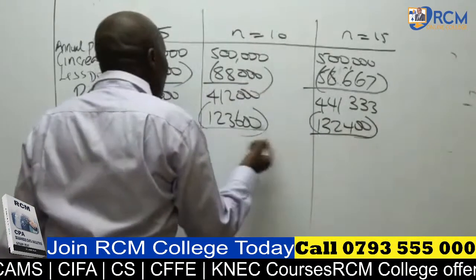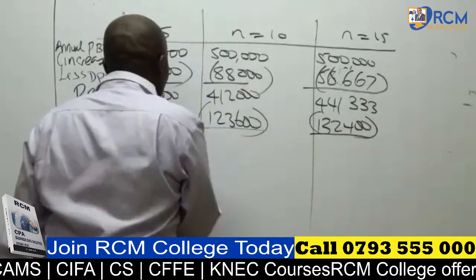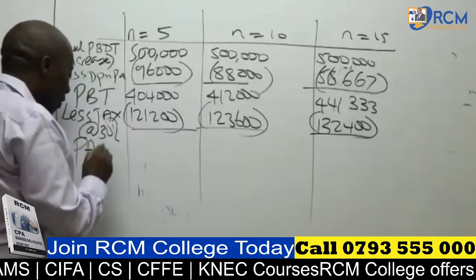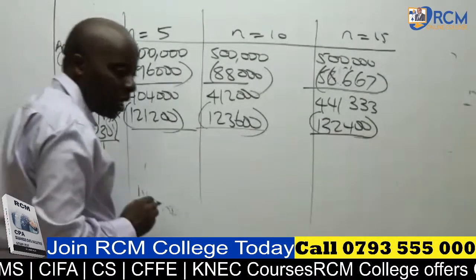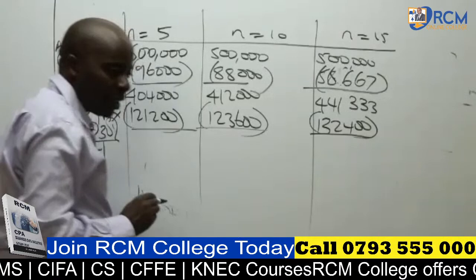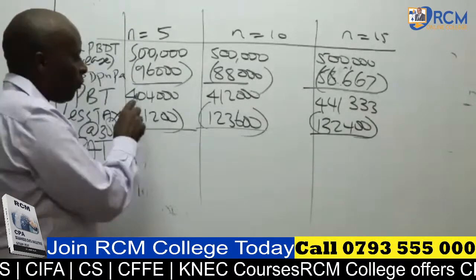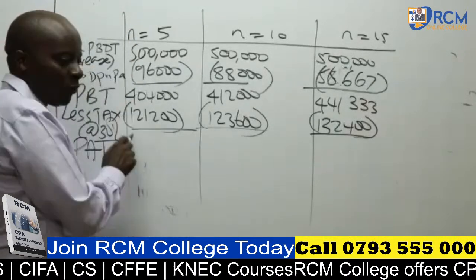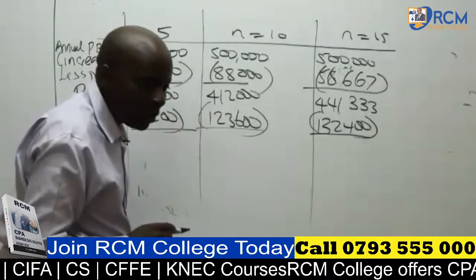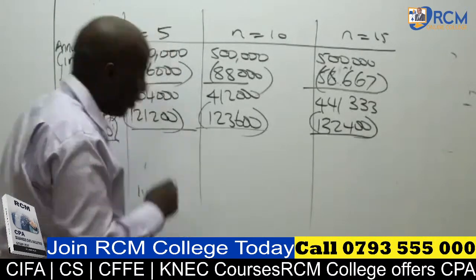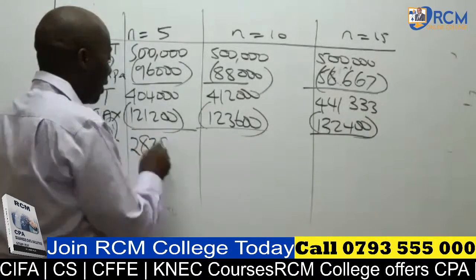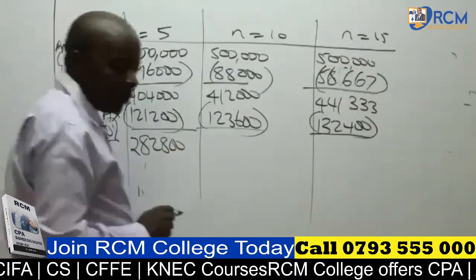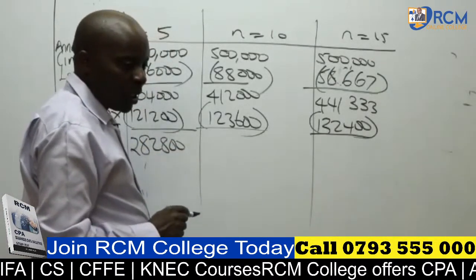So please, could you kindly come here and give us the profit now after taxation. So 404 minus this, what figure are we getting? Betty tells me 282,800.